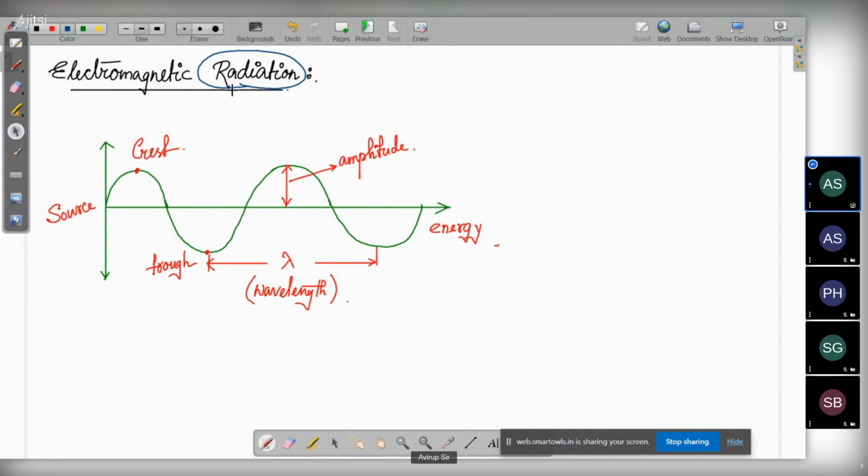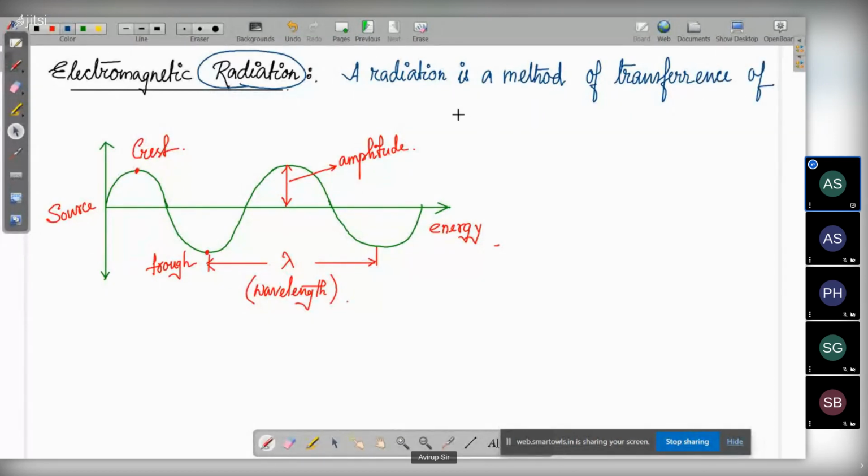Radiation is basically a method of transference of energy of different form.